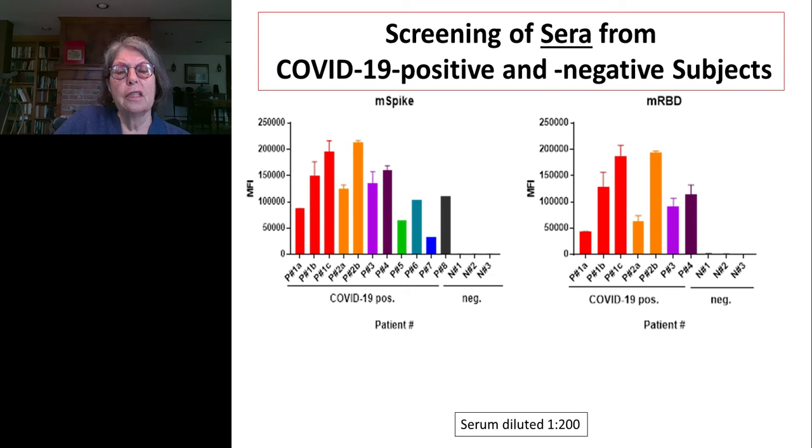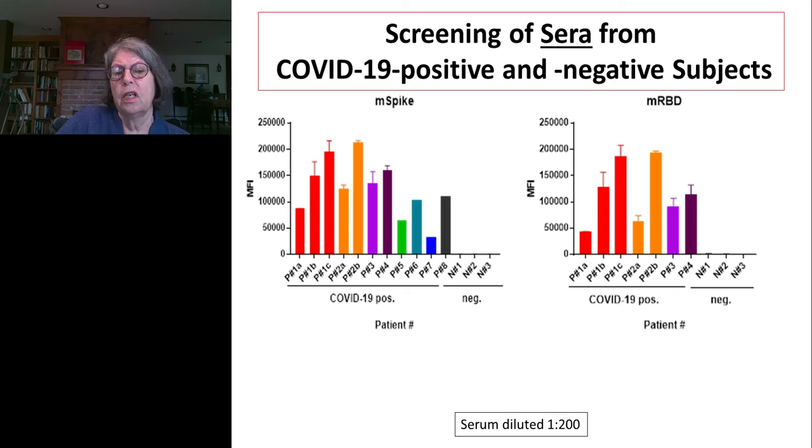And then the colored bars represent COVID positive subjects. Now, the first thing that you need to notice here is that amongst the COVID positive specimens, there are tremendous differences in the levels of antibodies. And this we see commonly.